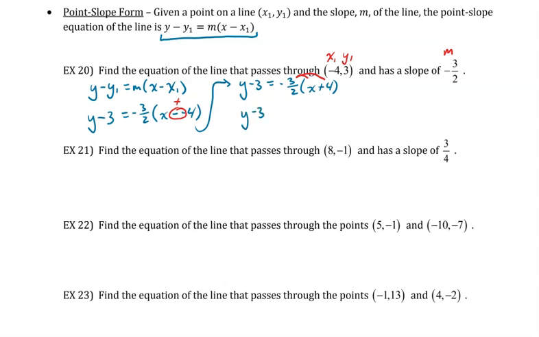So we have y minus 3 equals -3/2 times x is just -3/2 x, so that one's easy. -3/2 times 4. So you can do 4 divided by 2 is 2, times -3 is -6.